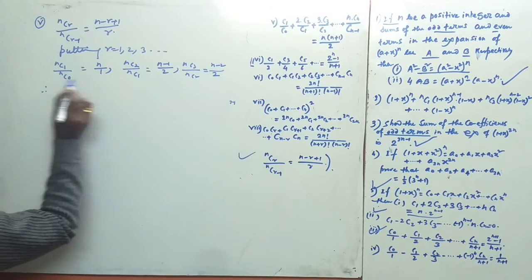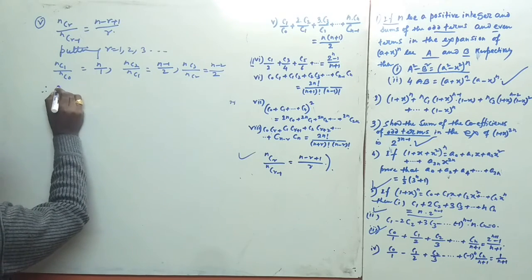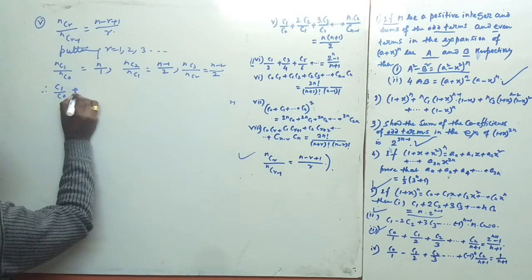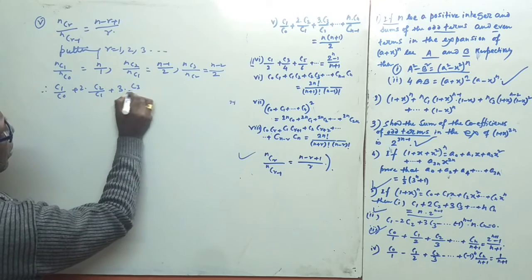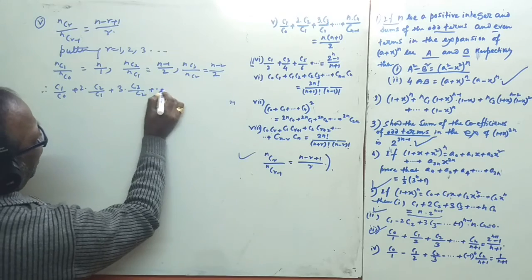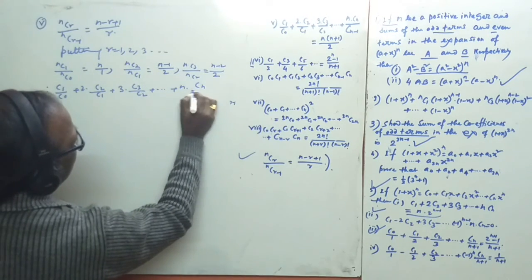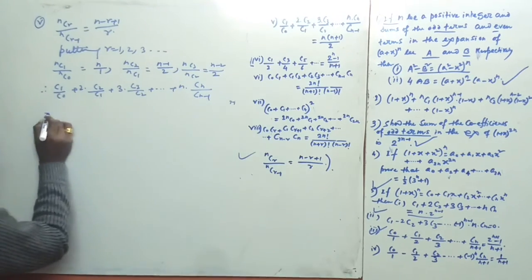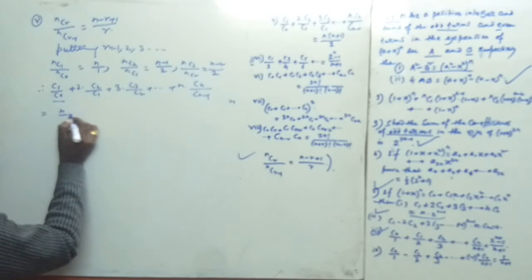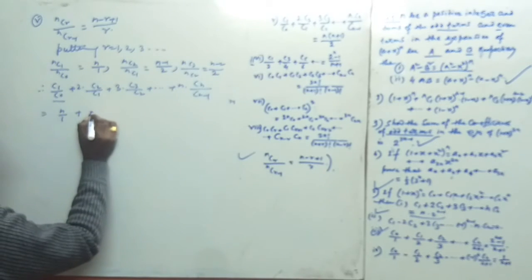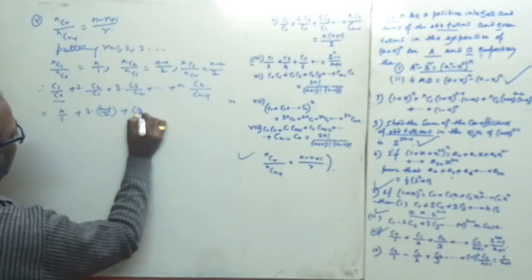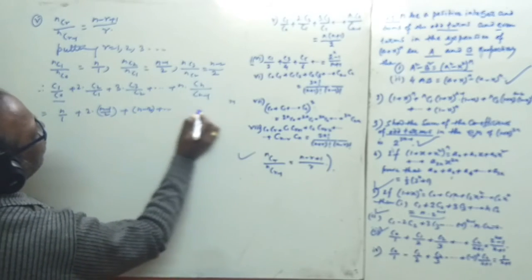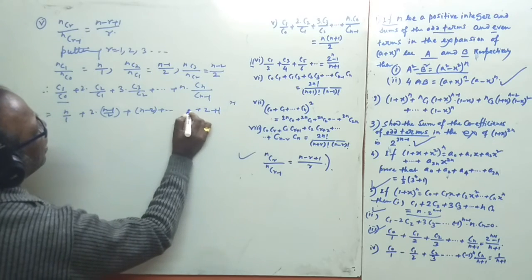So therefore the relation is C1 by C0, 2 into C2 by C1, 3 into C3 by C2, and so on up to n into Cn by C suffix n minus 1, and we get the relation from 1, 2, 3 like that.